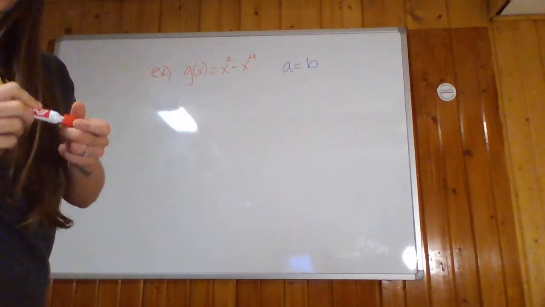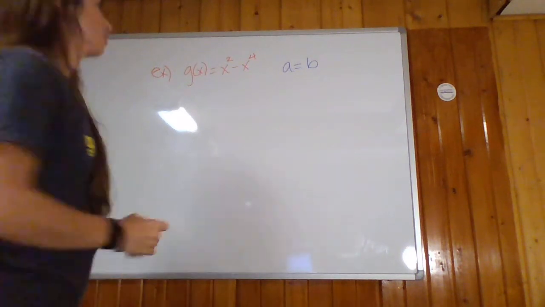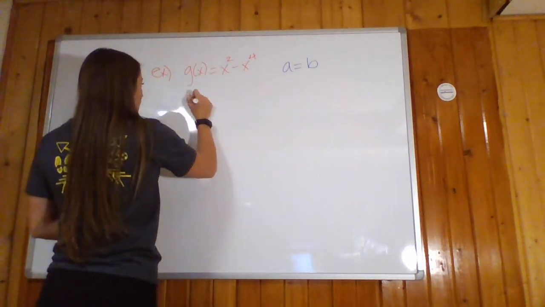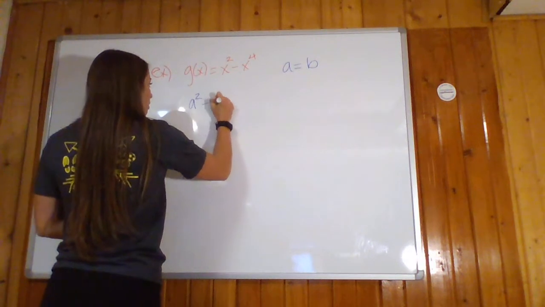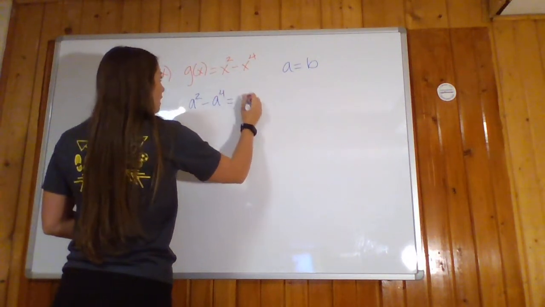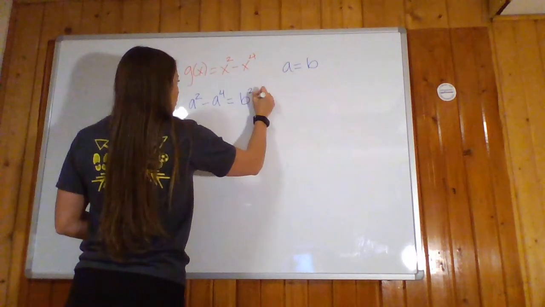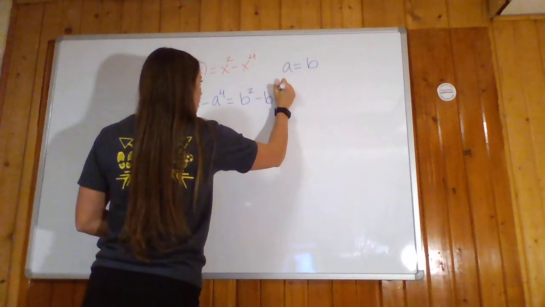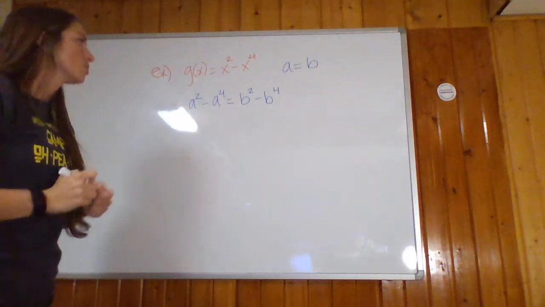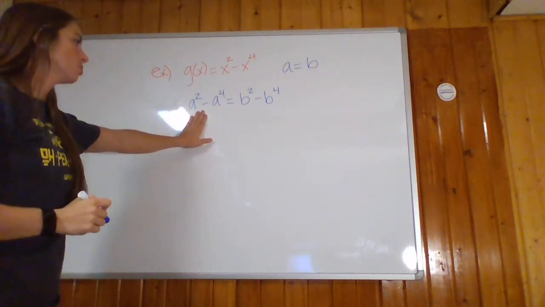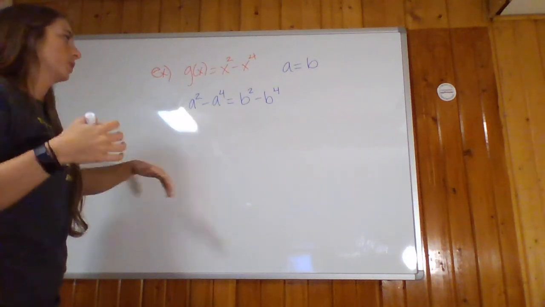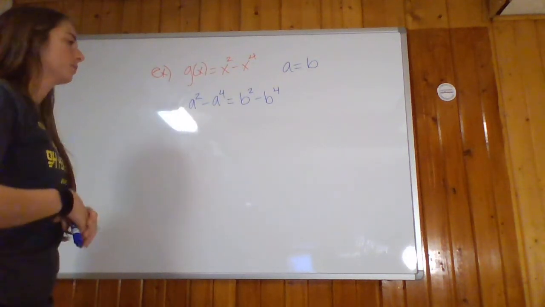Okay, and I want to know, is it one-to-one? So I replace every x with a and every x with b. Okay, so can I do anything to this function in which I would get down to a equals b?